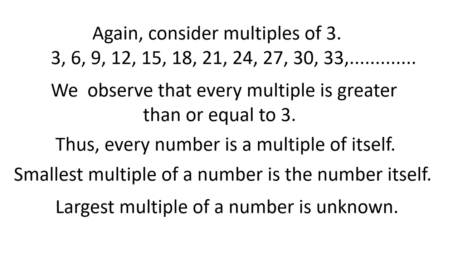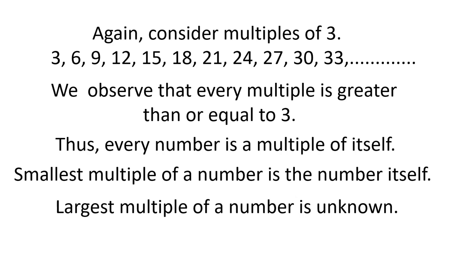So in the list of multiples, we see that the smallest multiple is the number itself. And each number is its own multiple. In factors, the largest factor was the number itself and each number was its own factor.